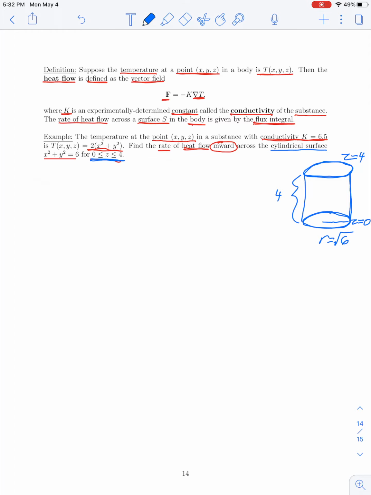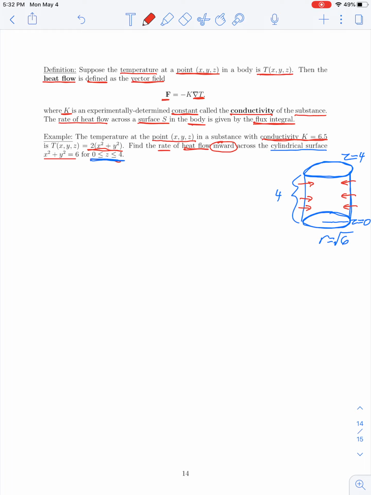So we're determining for this surface what would be the inward heat flow across this surface if the temperature at any point x, y, z in the substance in which it's submerged is given by the temperature function.